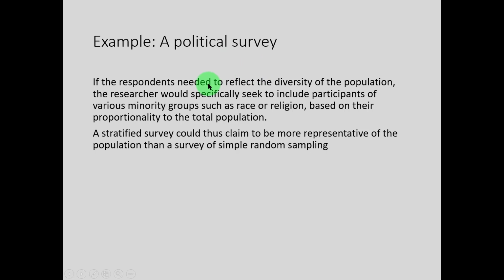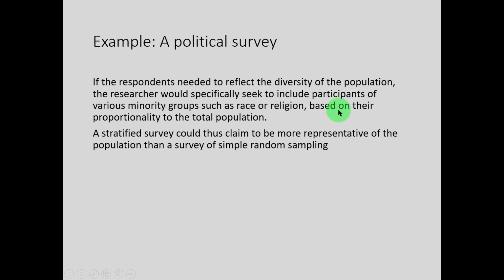Okay, a political survey. If the respondents needed to reflect the diversity of a population, the researcher would specifically seek to include participants across all races and religions that exist in the population, and that would be in proportion to the total. So a stratified sample from a population that accomplished that would probably be a more representative sample than just regular simple random sampling.